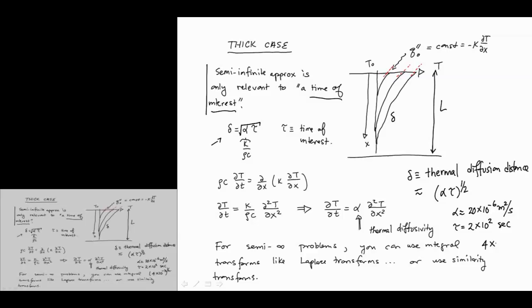So delta, is that right? All right, let's see, 10 to the minus 6, 200 seconds, 40 times 10 to the minus 4, 4 times 10 to the minus 3, square root. Oh, yeah, that's right. Okay, good.